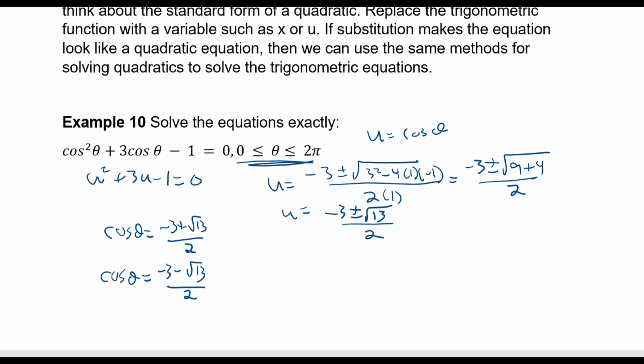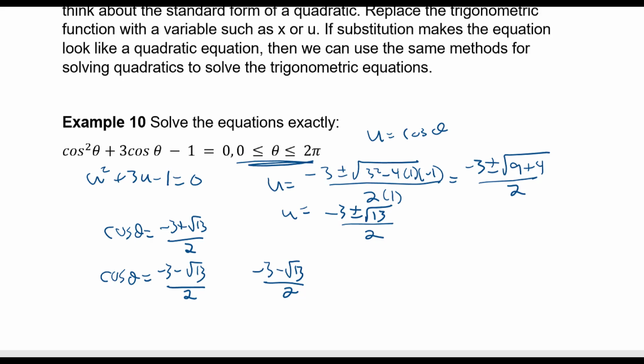Let's see if that happens in either of these cases. I have a suspicion that negative 3 minus the square root of 13 over 2 is going to be smaller than negative 1. So let me just get my calculator here. I have negative 3 minus square root 13, all divided by 2.